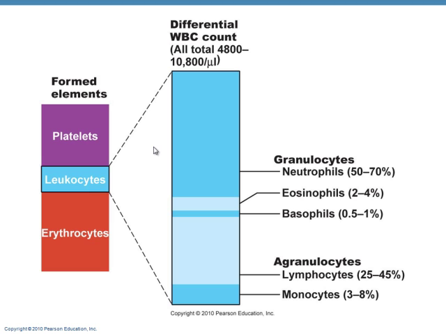The next guys in line are the leukocytes, or white blood cells. And there's 5 different types of leukocytes. And I'm going to teach you a little mnemonic. You ready? Never let monkeys eat bananas.